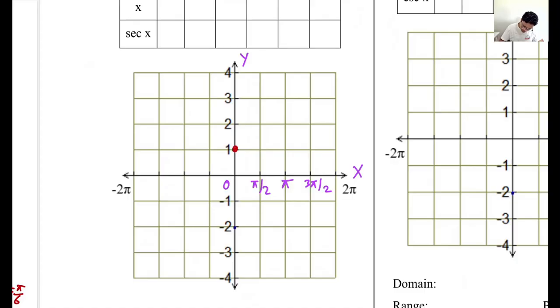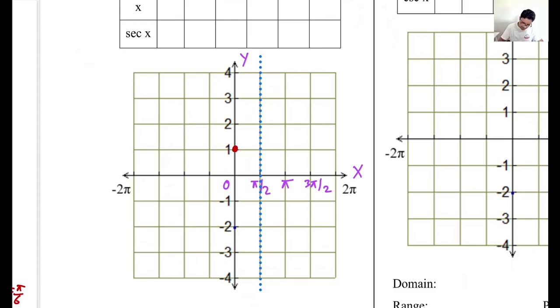Sec 0 is 1. Sec pi over 2 is undefined. That's because it's 1 over 0. So I said that the meaning of undefined now is not something that we don't know. The meaning of undefined is it's going to go to infinity. So for now, I'm going to draw this asymptote at that point. Maybe I need to choose a different color for the asymptote.